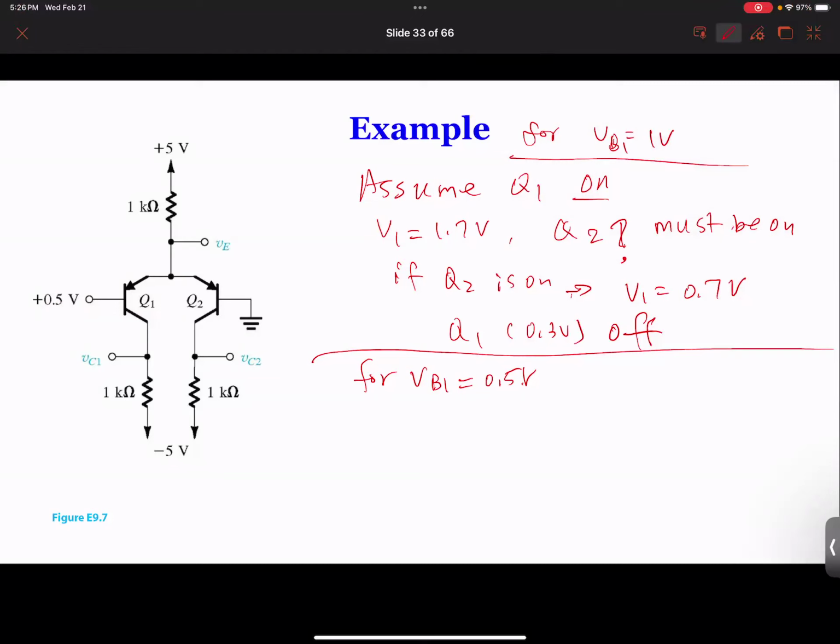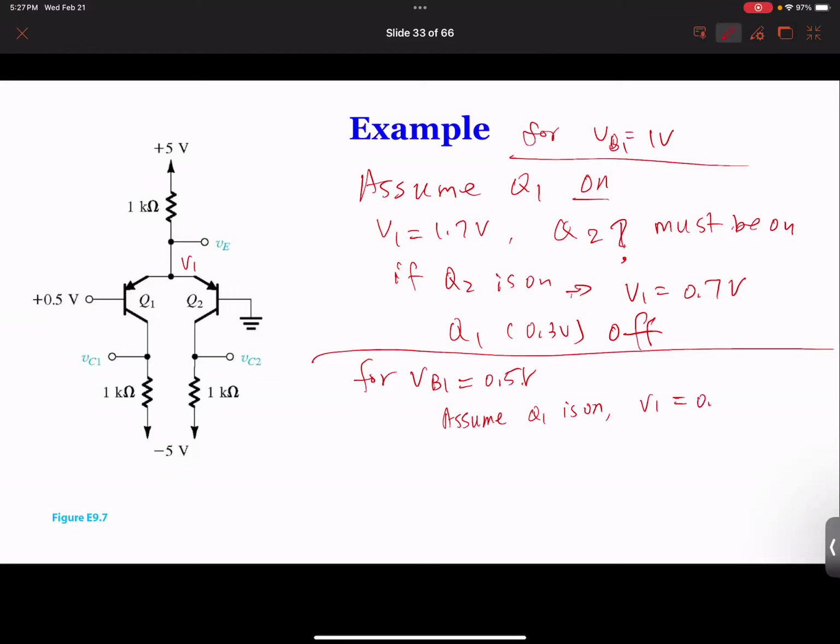So for VB1 0.5, we can do the same thing. We can assume Q1 is on, and then we have V1. Again, we have V1 here.